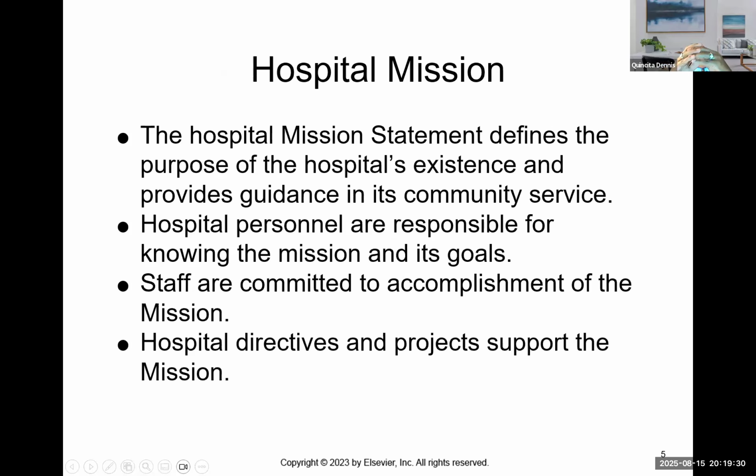All right, next is a hospital mission. I'm not going to say every organization, but most organizations, to include our hospitals, are going to have a mission. If you've ever researched a hospital's mission or the place where you work, their mission is basically focused on what their goal is or what their purpose is overall within that community.